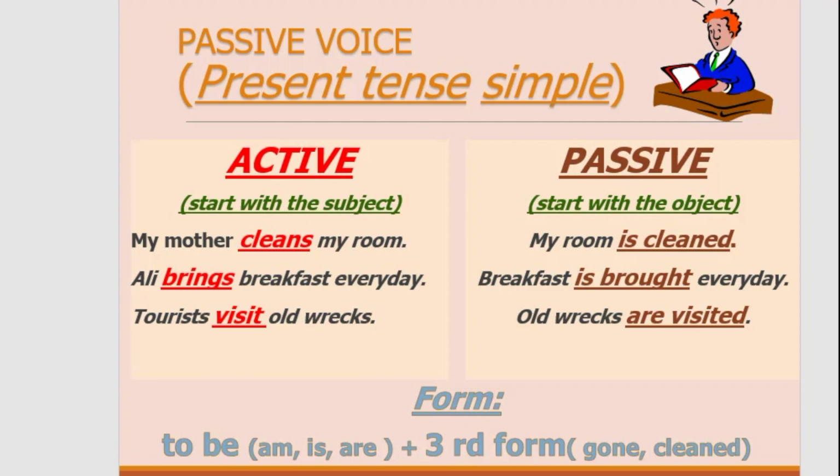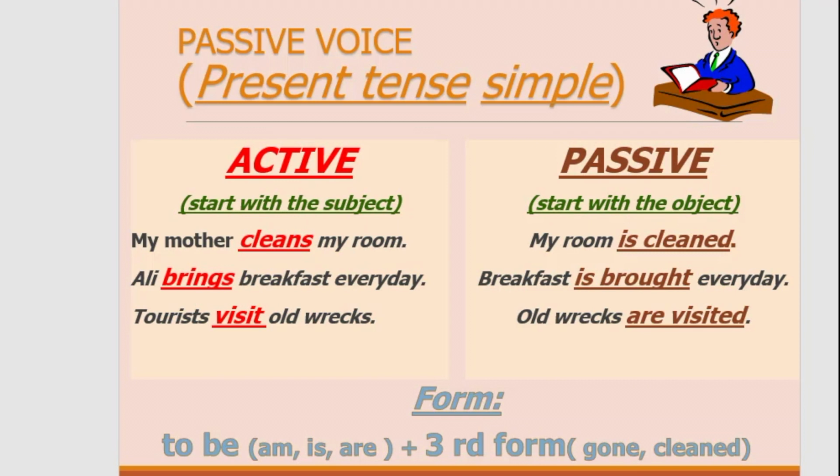Here my mother is the subject. My mother cleans my room. Cleans is the verb, and my room is the object. So this is an active sentence. Notice how it is changed to be passive. My room is cleaned.